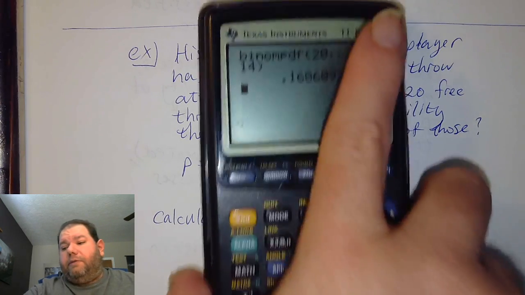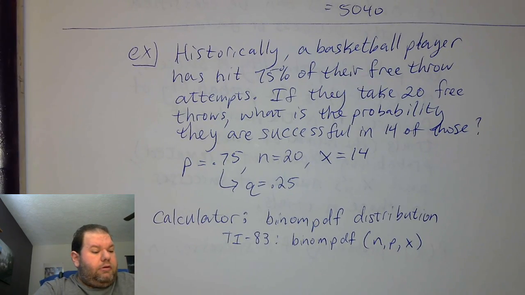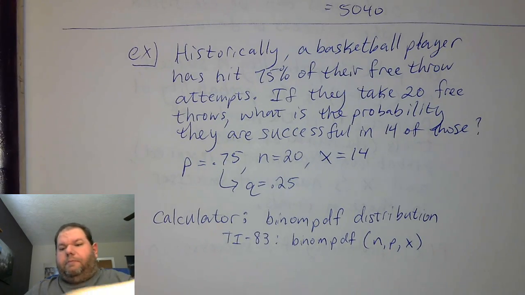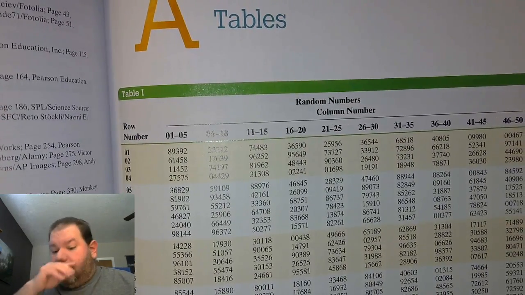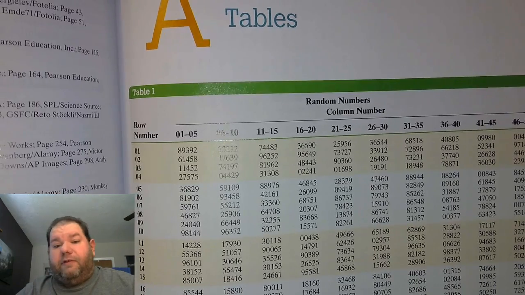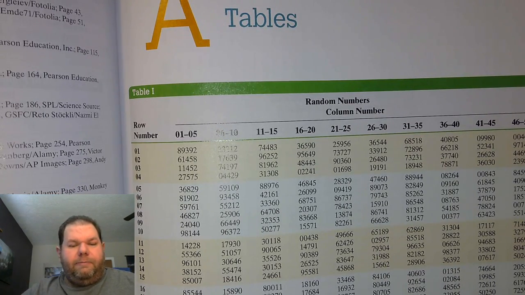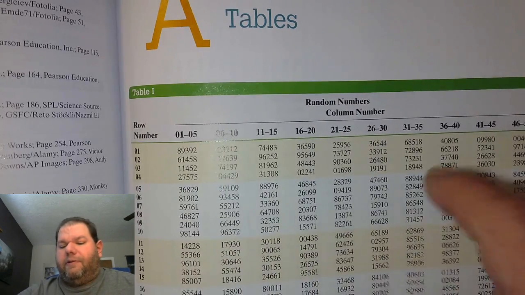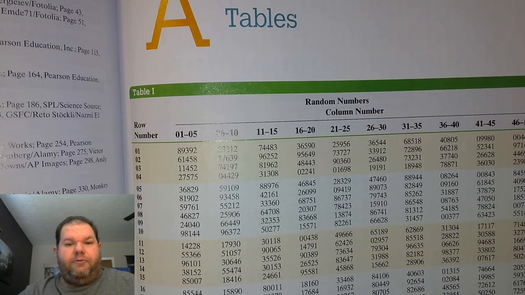If we look in the appendix of the textbook, okay. Our appendix, we have a bunch of tables. I may have mentioned a random number table previously where we had to blindly spin our pencil around and land on some point or the other on this table, and pick however many numbers we need.